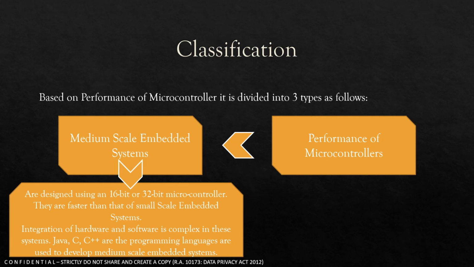Java, C, and C++ are the programming languages used to develop medium-scale embedded systems. Different software tools like compiler, debugger, simulator, and others are used to develop this type of system. Examples are routers for networking and the ATM, or automatic teller machine.